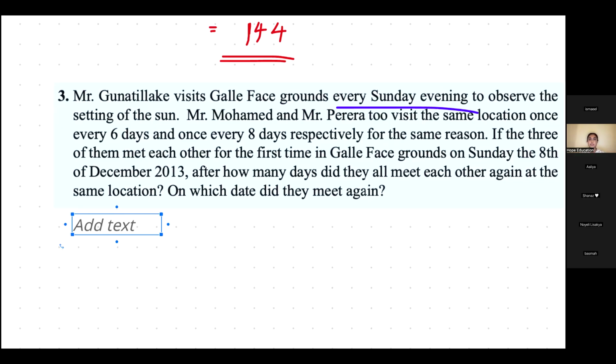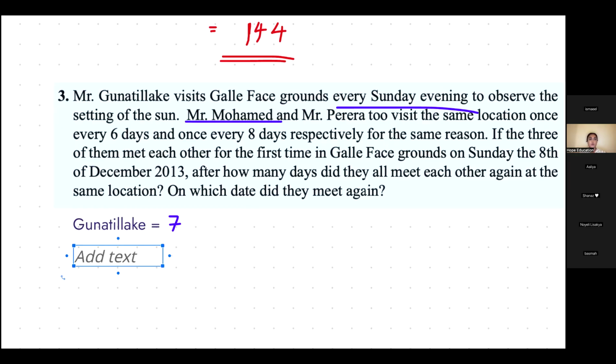Gunatilaka every 7 days, Mohammed and Mr. Pereira every 6 days and every 8 days. I'm only writing the surnames.